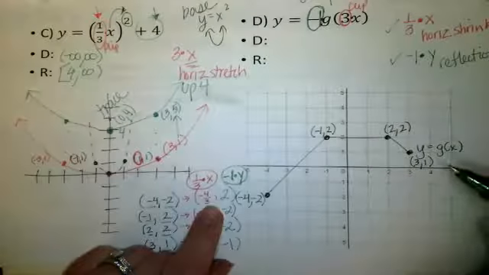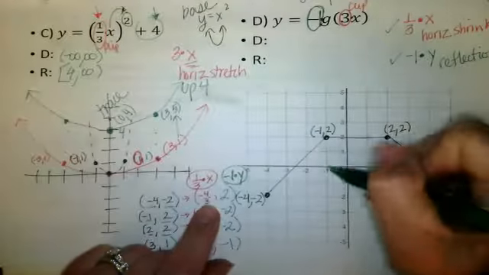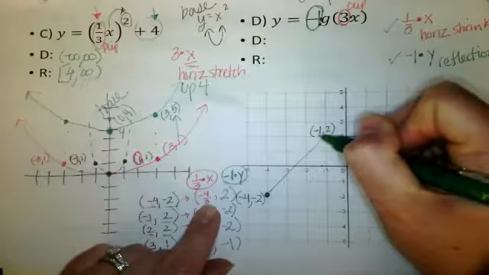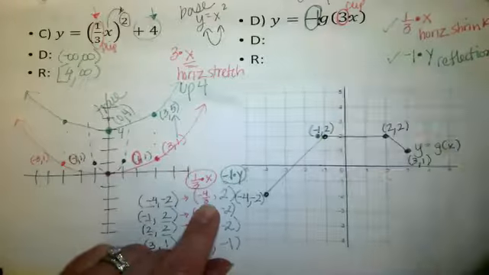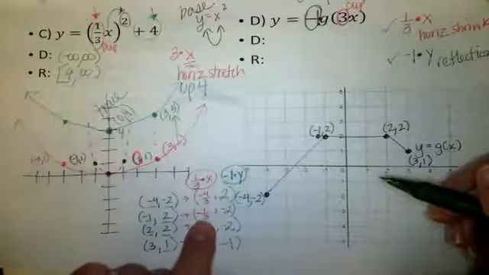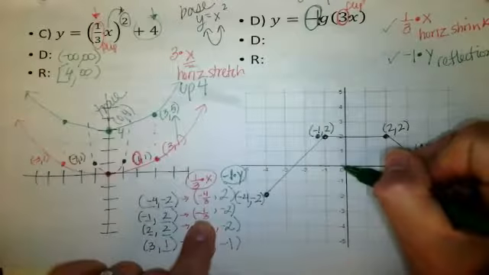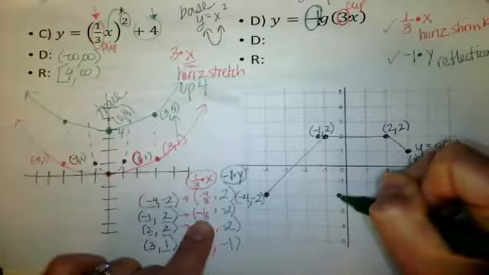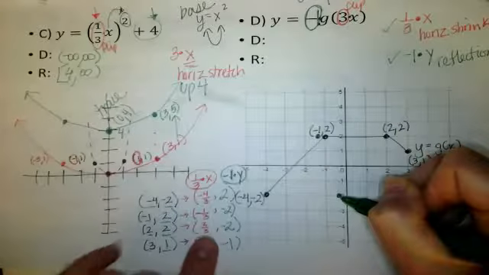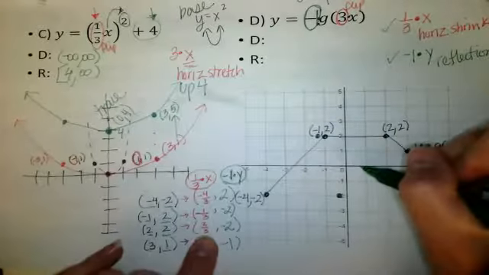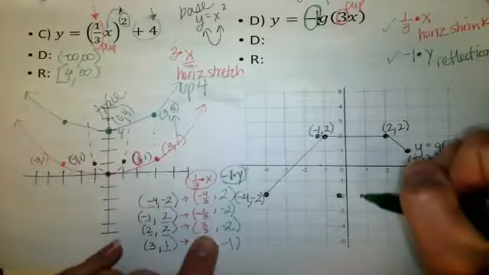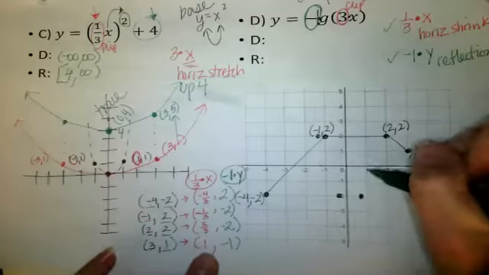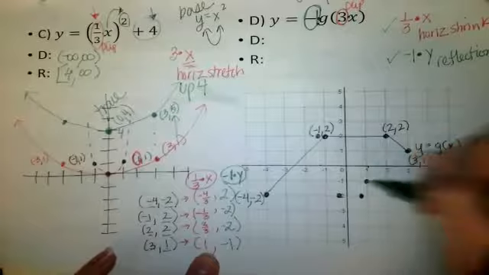So -4 thirds, 2. -4 thirds is -1 1/3. And we're here at 2. We have -1/3. -1/3 is just a little bit to the negative side, and then -2. 2/3, not quite to 1, and then -2. And then 1, -1 is right here.